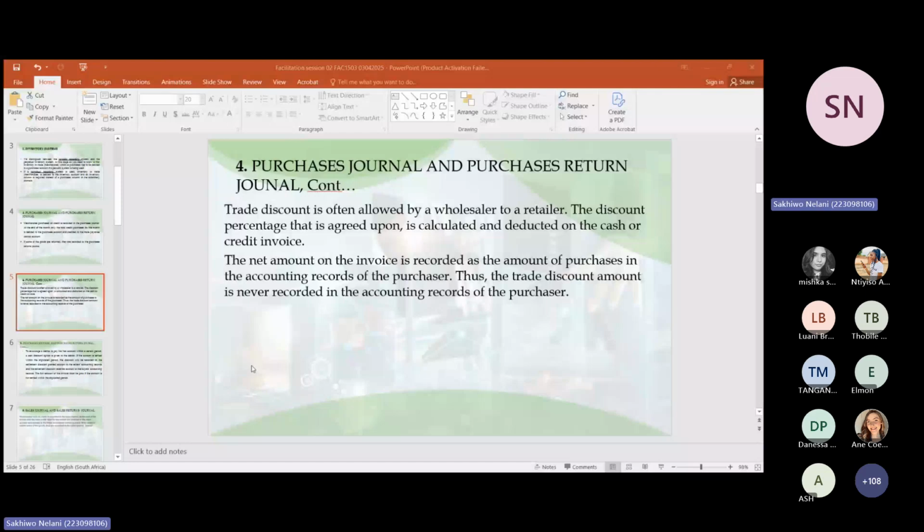There's another hand up. You will see the answer there, simple. Now this discount is offered to you as a business. It's a trade discount that is offered to you as a business.